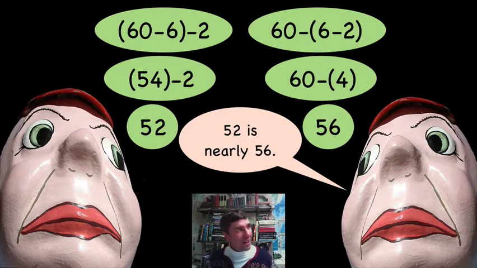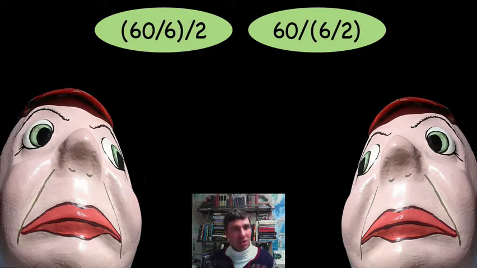Let's move on. Let's look at division. So 60 divided by 6 divided by 2. Is that unambiguous, or do we have a problem? It depends on how we're grouping those first. Are we doing 60 divided by 6 and then dividing the result by 2, or are we doing 60 divided by (6 divided by 2)?